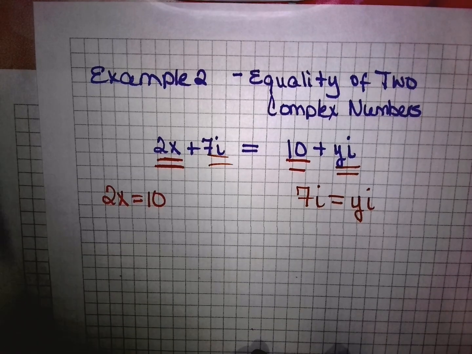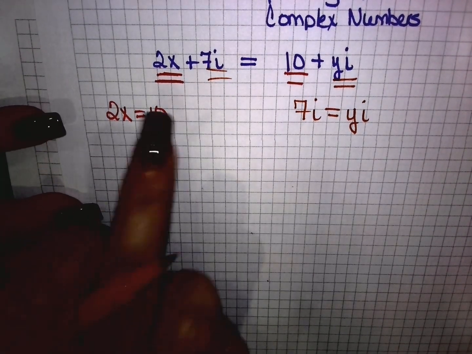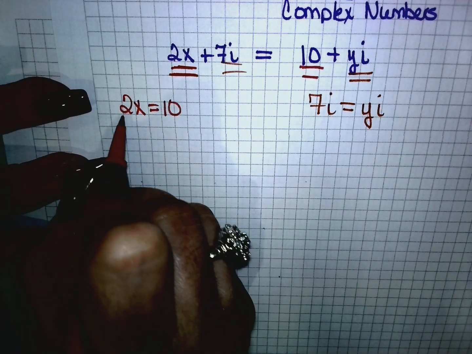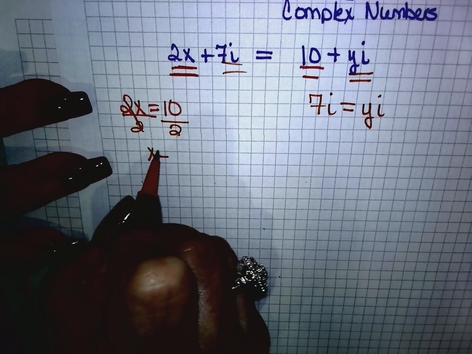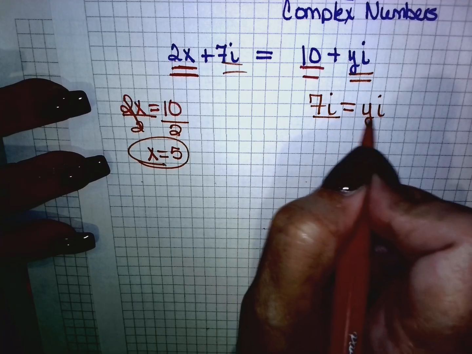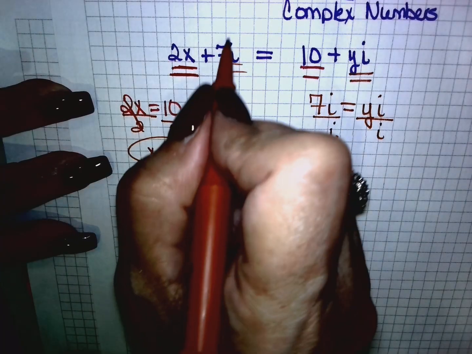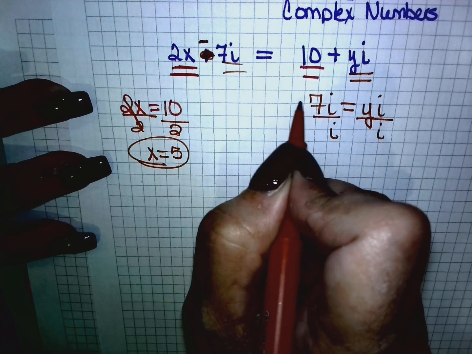So now we can easily solve for the variables. We can solve for x here, dividing both sides by 2. So x is 5. And here we can divide both sides by i. Oh, I should have made this negative. Sorry, in my notes, this was a negative. So that's a negative.